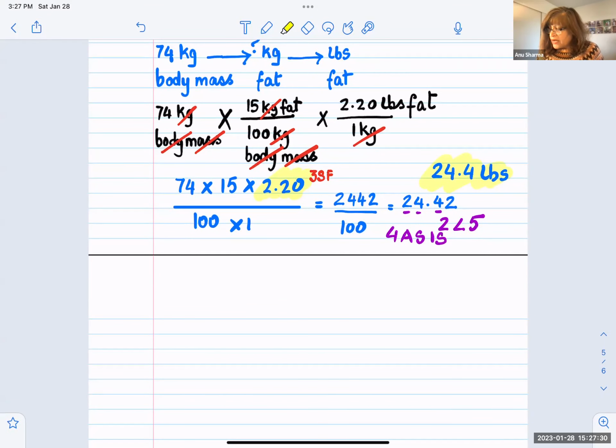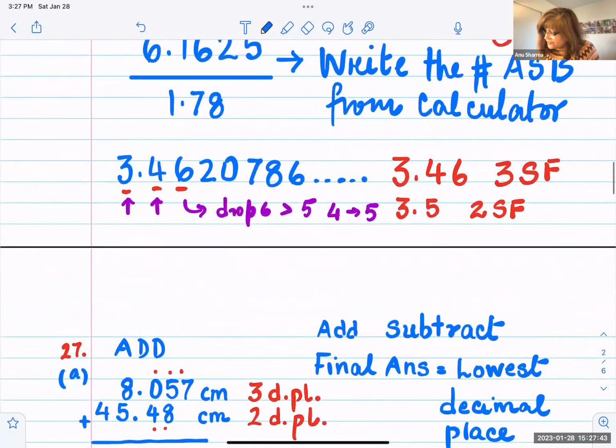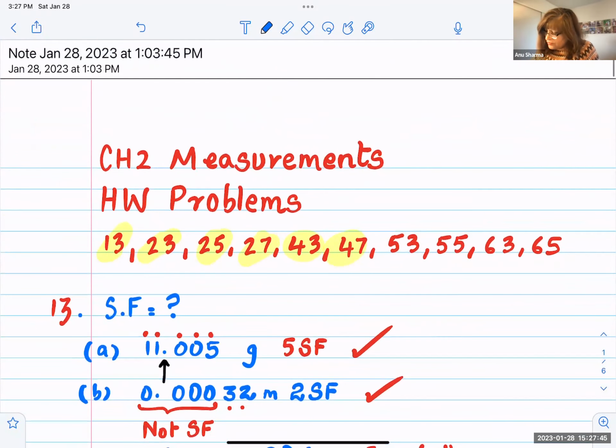We want to keep as much uncertainty or ambiguity out of the way, so 2 or 3 places after the decimal is more sensitive. Okay, that finishes this part. Now we are going to look at the next 2 questions. We finished 53 and 55; 63 and 65 are in the next video.